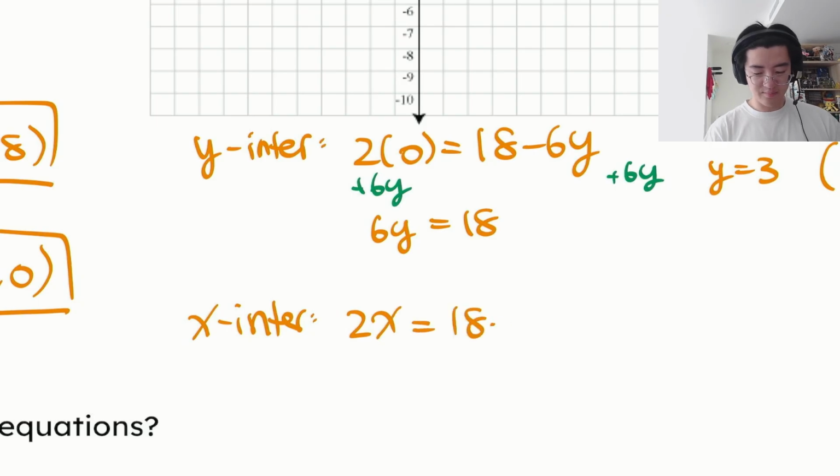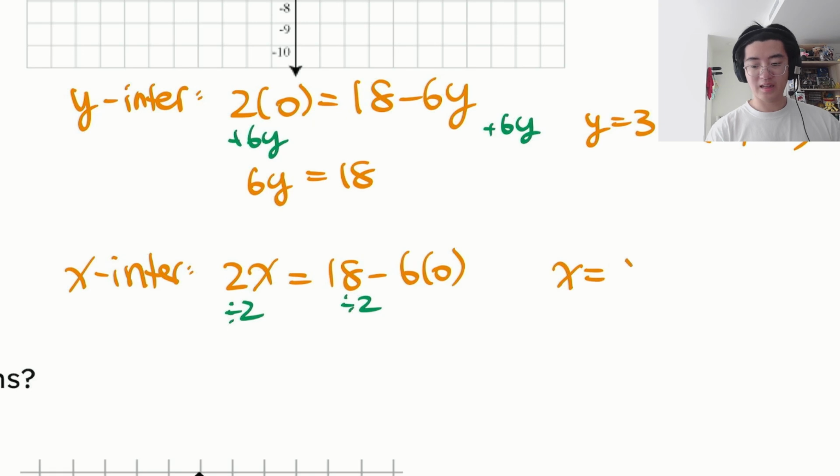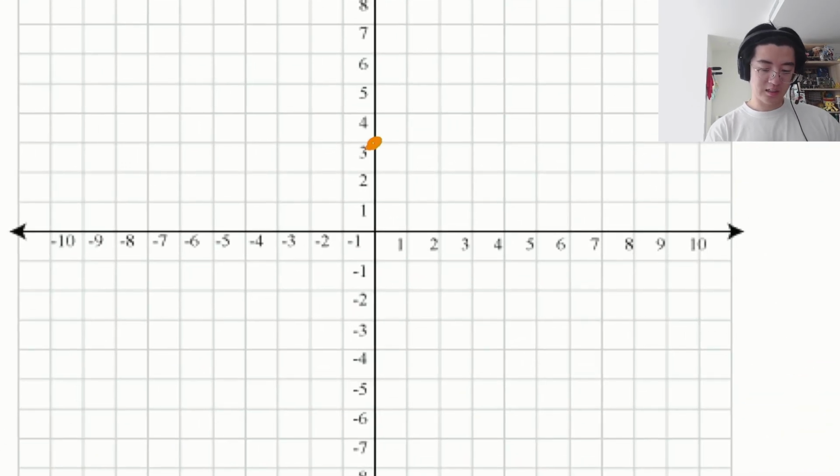X-intercept: 18 minus 6 times 0. Right, so that'd be 0. Divide both sides by 2. X is 9. So 9 comma 0. Once again, we get our 2 points. Touches the y at 3, touches the x at 9.